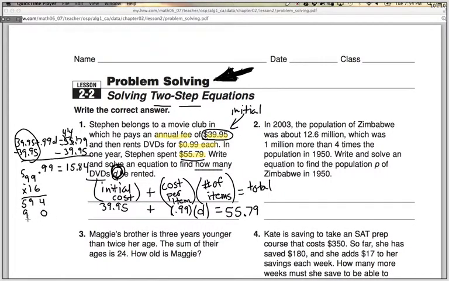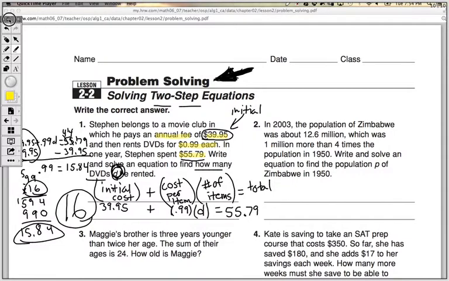Then 1 times 99 would give me that. So now I would have 4. 9 plus 9 is 8. It's looking good so far. And then we start adding stuff up here, and we got $15.84. Exactly. So how many did he get? 16 DVDs. All right, let's look at this next one here. That was a long problem, by the way. Very long there.